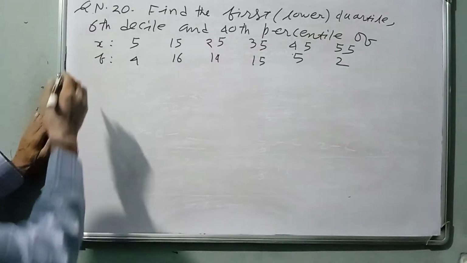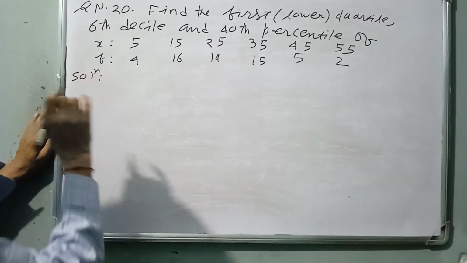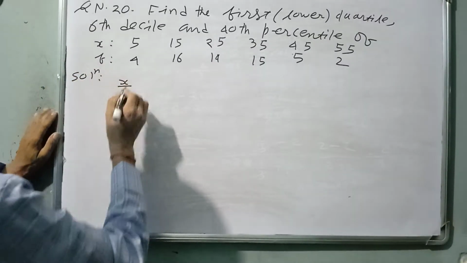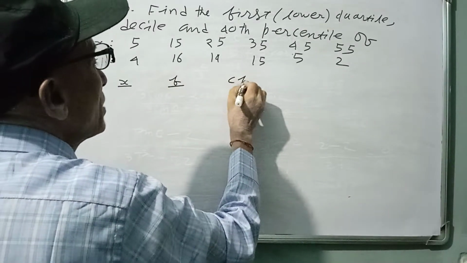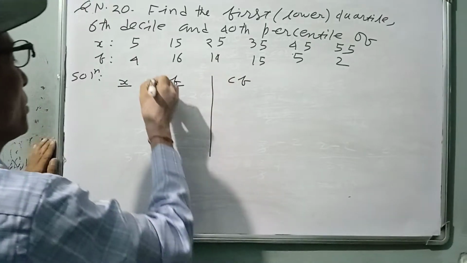Now solve it. First of all, write x. After x, write f. Then CF, cumulative frequency.